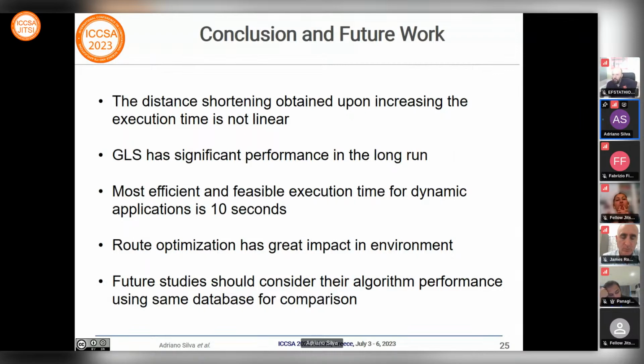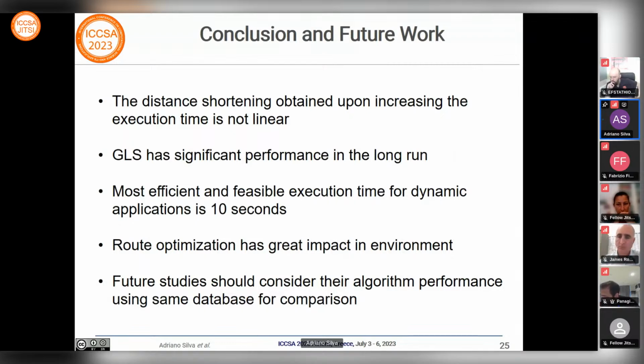Meta-heuristic algorithms have a non-linear behavior regarding the execution time and the algorithm performance. The guided local search had a significant performance in the long run, because we could see about 63% of the solutions overcome compared to the best known solutions. The most efficient execution time for future applications is 10 seconds, and it is the one that we'll consider.